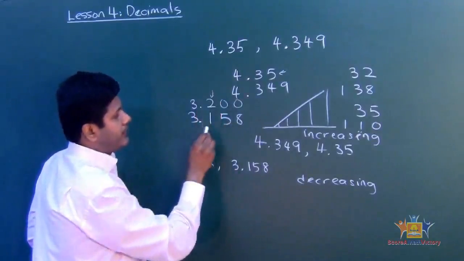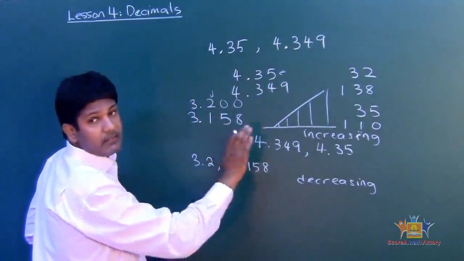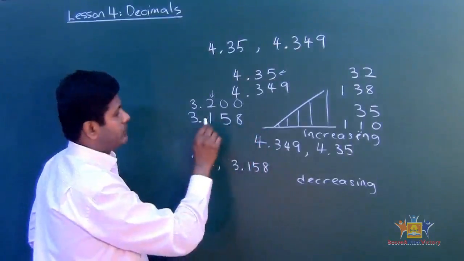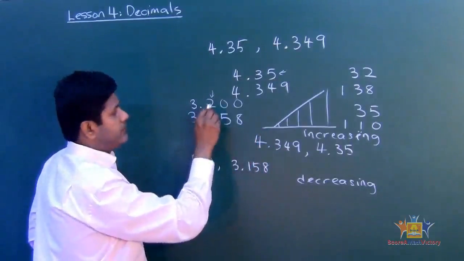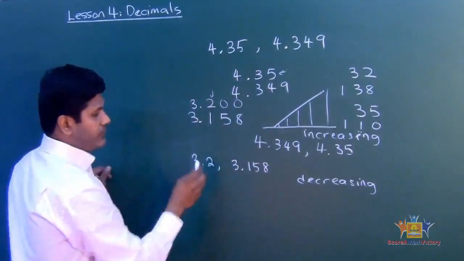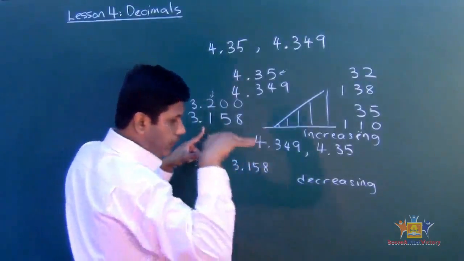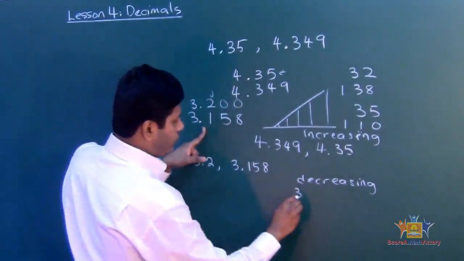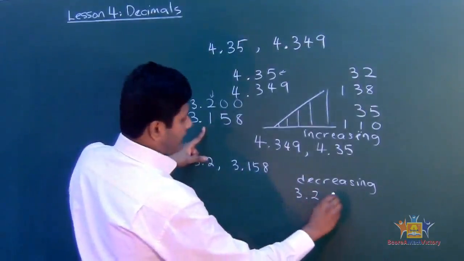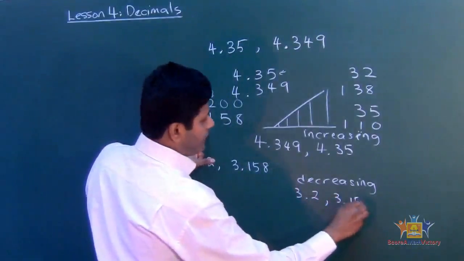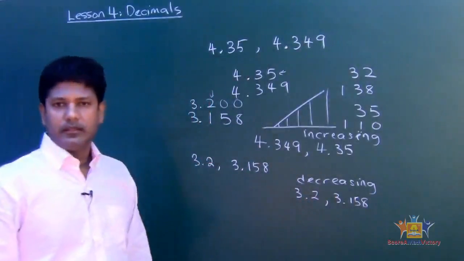This is bigger and that's smaller. So this 5, 8 doesn't make any difference, because you already decided this number is bigger, this one is smaller. So we start with big to small. When you're decreasing, you start from big. So I'm going to start with 3.2 and then 3.158. Does that make sense?